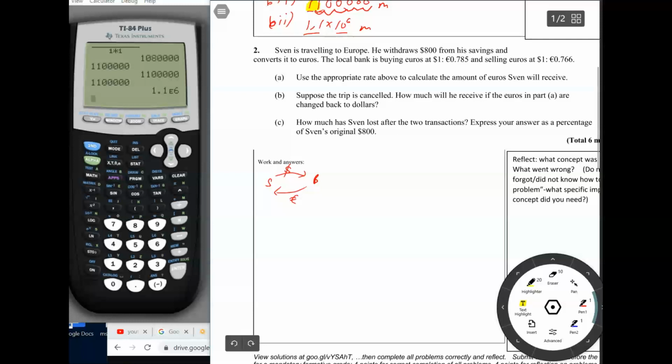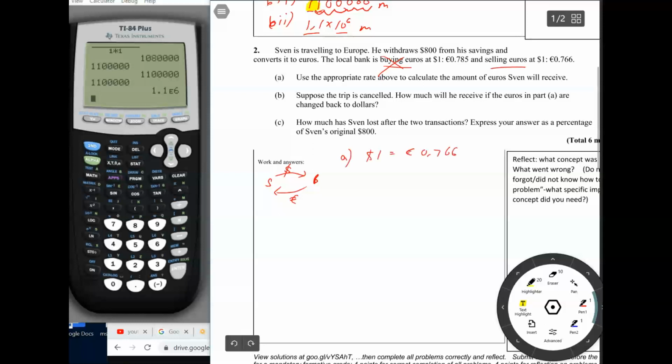So in this case, is the bank selling euros or buying euros? Well, look how the euros are going away from the bank. So the bank must be selling the euros, okay? Not buying.